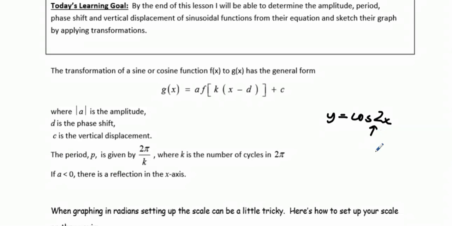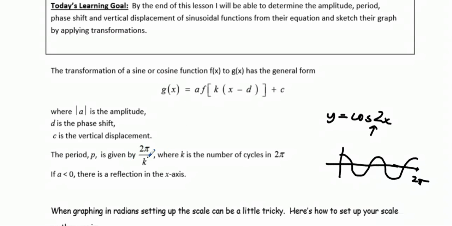That would be transformation talk. But if I were to talk to you in terms of the K value, this K value is 2, which means there are 2 cycles of this over 2 pi, which means I would draw cos twice, and I would end up at 2 pi, which means the period of 1 cycle is half the period of the original.